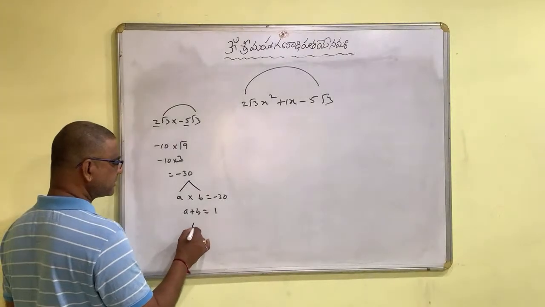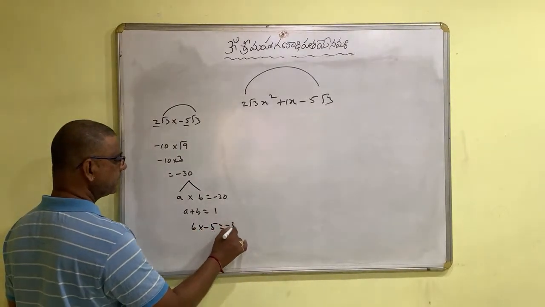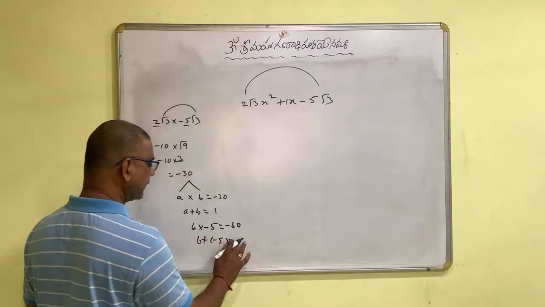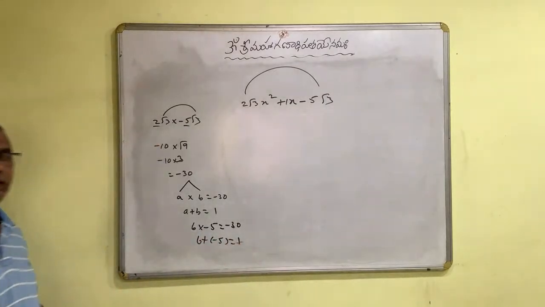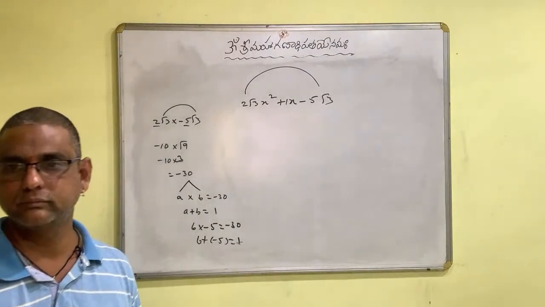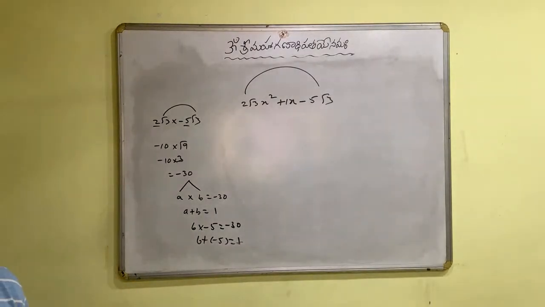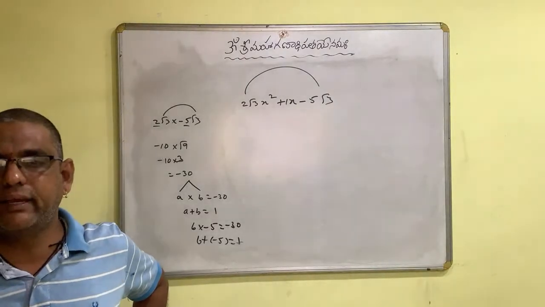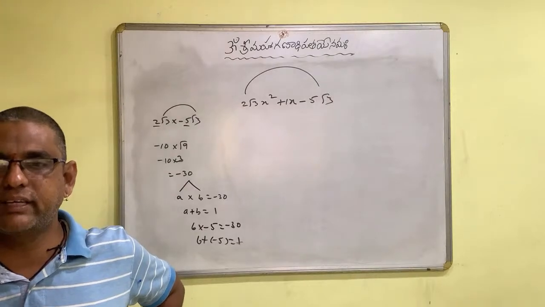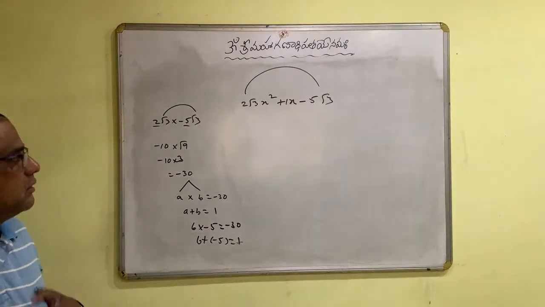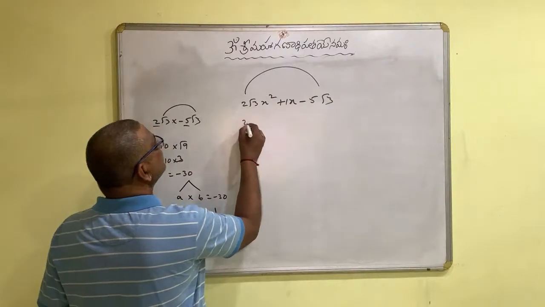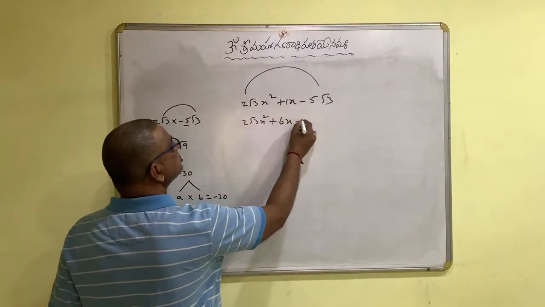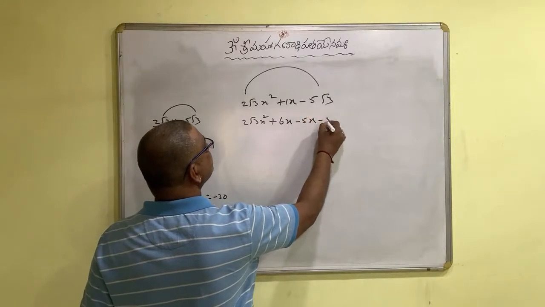So I think it is nothing but 6 into negative 5, negative 30. 6 plus negative 5 is 1. So what we will do here? 2 root 3x square plus 6x minus 5x minus 5 root 3.